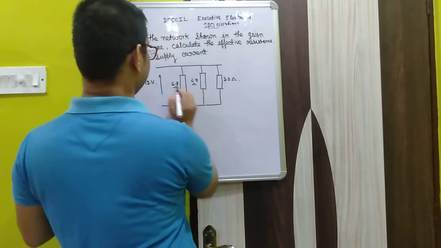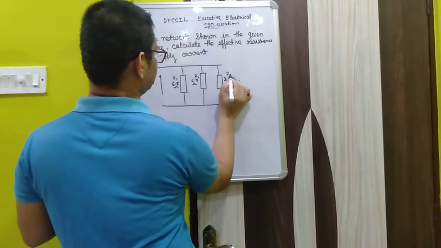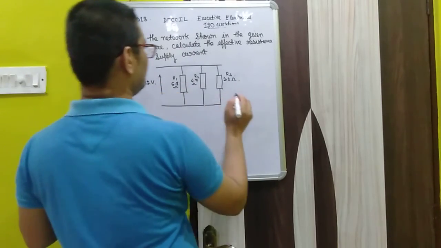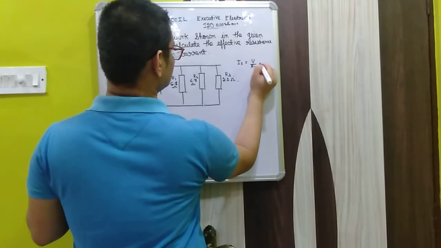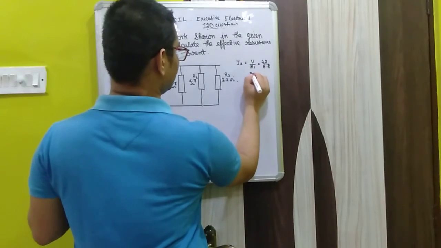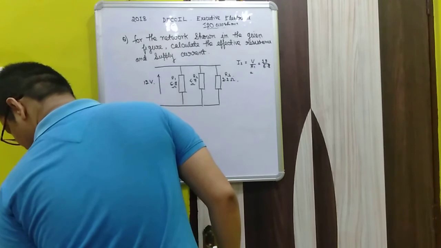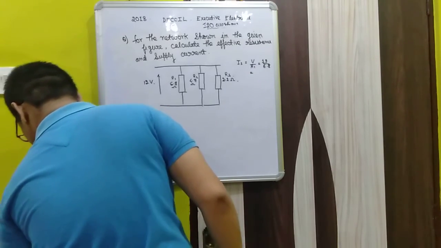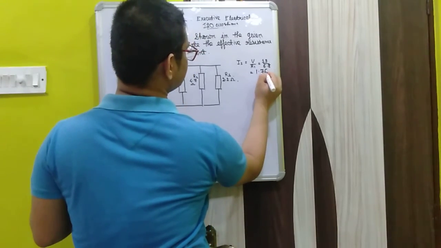So this is R1, this is R2, and this is R3. The voltage is constant for all three resistors, that is 12 volt. So we know I1 is equal to V by R1. What is the V here? 12 volt by 6.8. If we calculate 12 by 6.8, the value is 1.76 ampere.